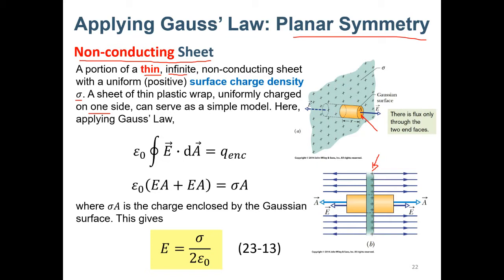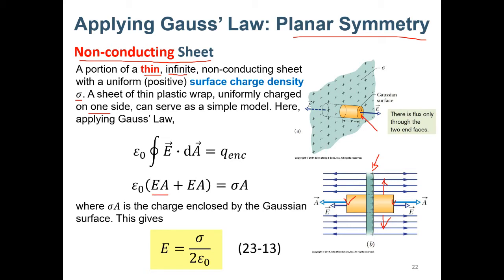As you can see, all the E field is perpendicular to this side surface, so the net flux contributed by this side should be zero. So we only consider this end and this end.